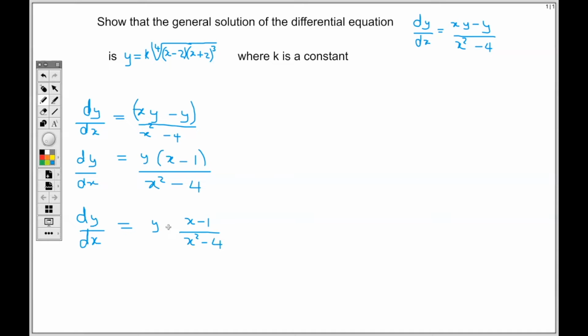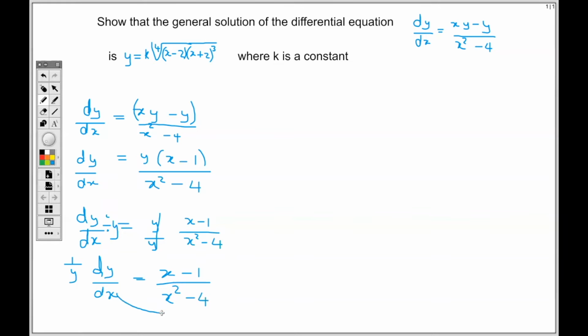Now I need to get the y over to my left by dividing both sides by y. So I divide both sides by y. The y cancels on my right, and division by y means 1 over y. So I have 1 over y dy over dx is equal to x minus 1 over x squared minus 4.